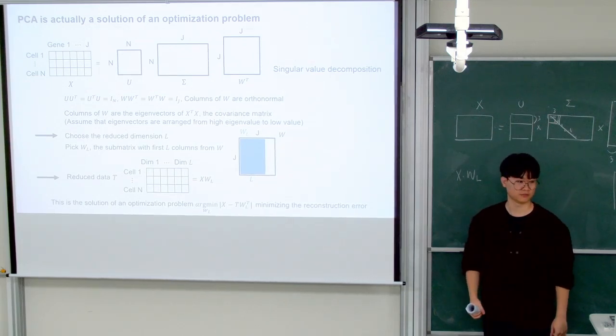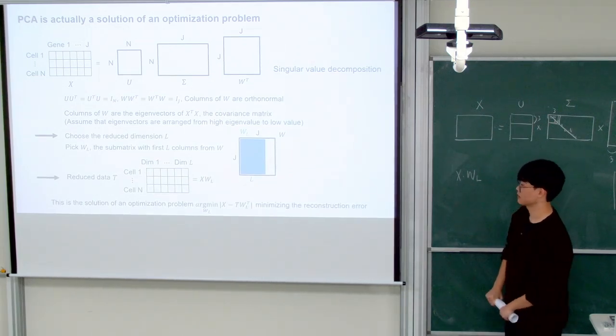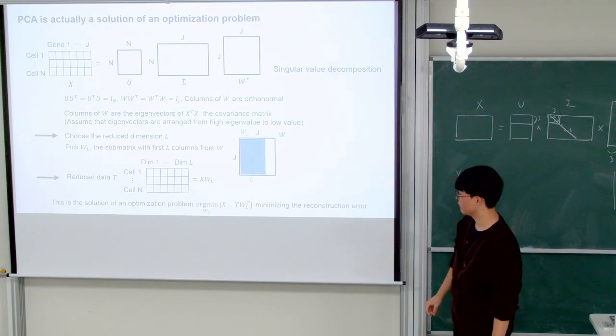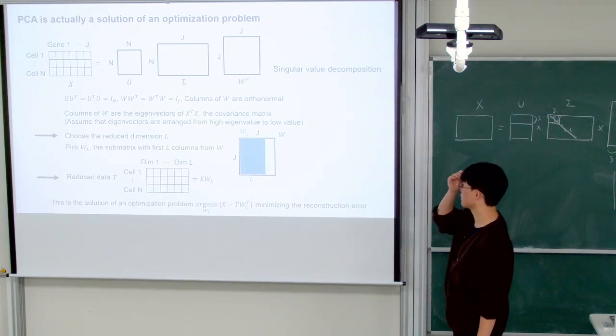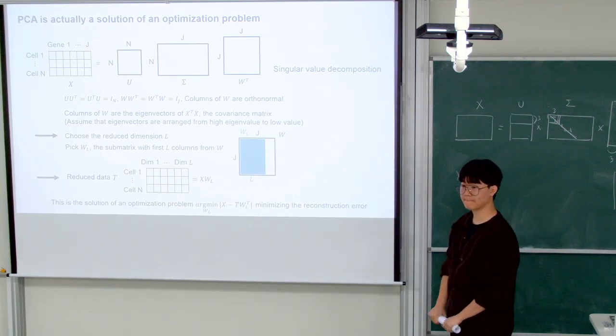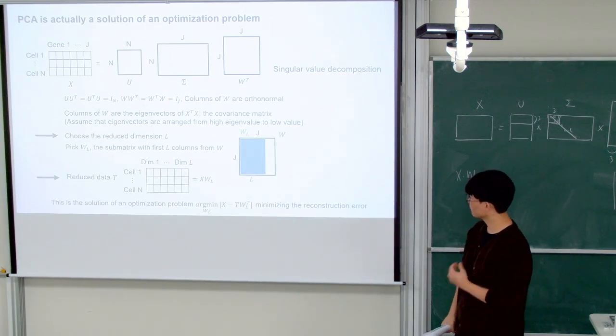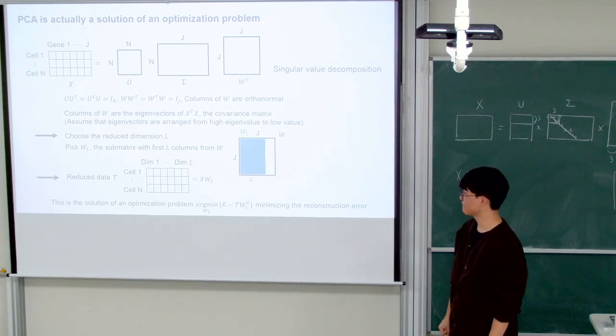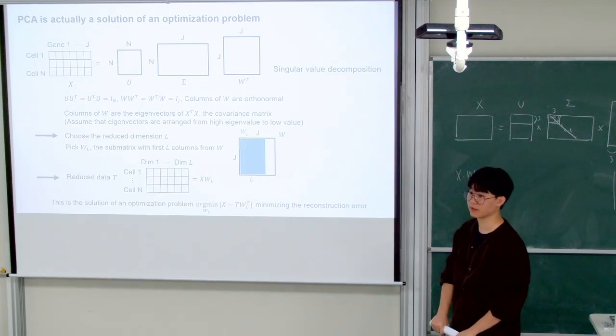Does anyone need a proof? What is the A? Which x minus x, we multiply transpose. That's right.